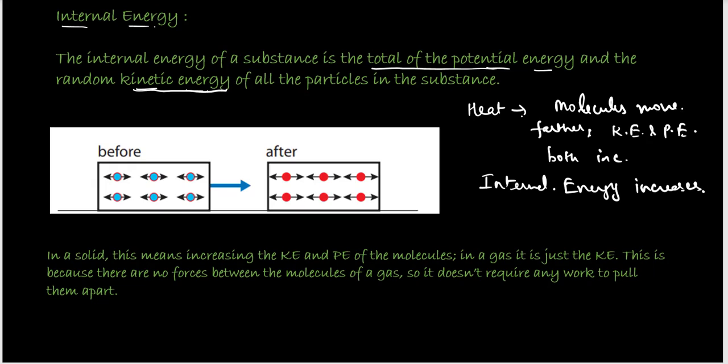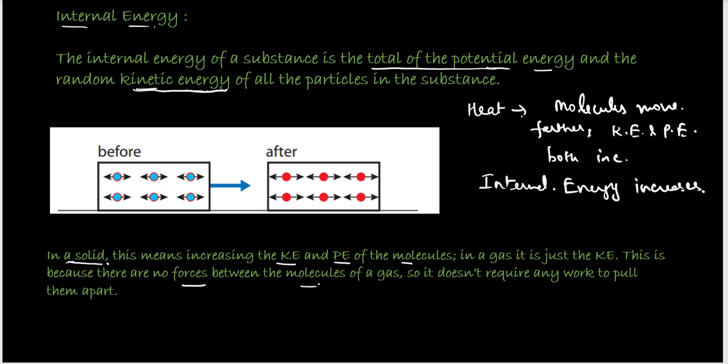But do remember, it's only in a solid, because when we give heat to a solid substance, it will increase the kinetic energy and potential energy of the molecules. But if we talk of a gas, the molecules are anyways very far apart. They do not have any forces between them, right? We have learned that intermolecular forces in gases are almost negligible, so they cannot have potential energy.